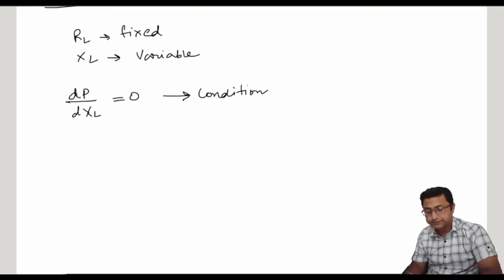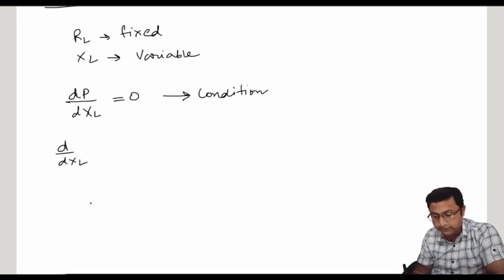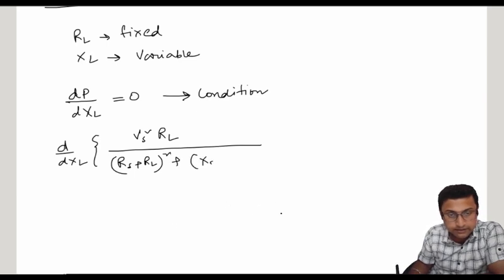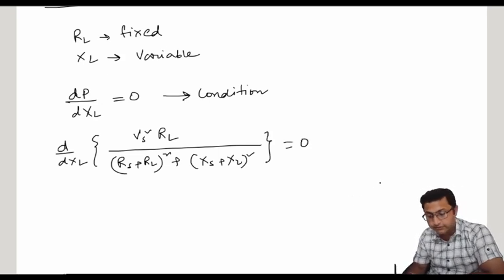Okay, so now if we solve the thing, that means d/dXL of the value of P, that is Vs square into RL divided by (Rs plus RL) whole square plus (Xs plus XL) whole square, the whole thing is equal to 0.